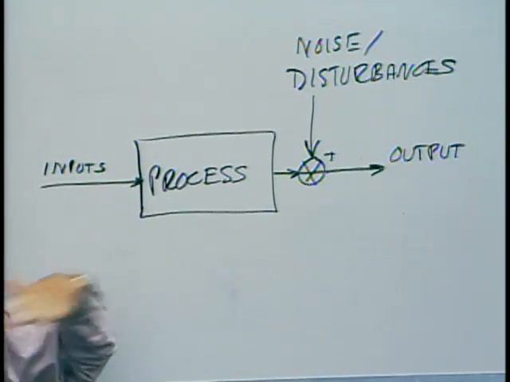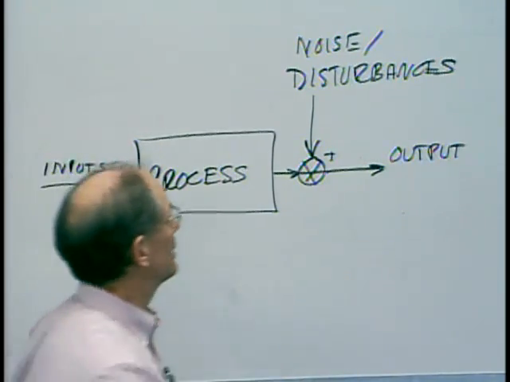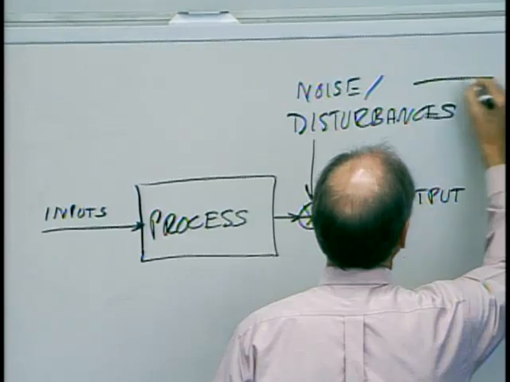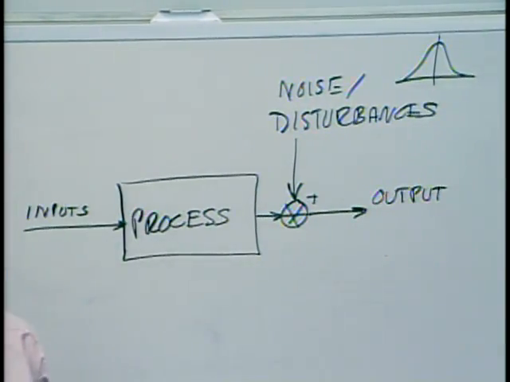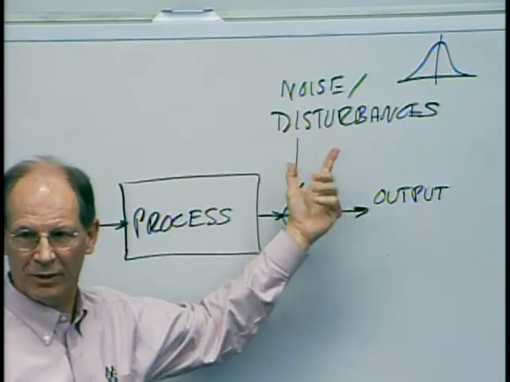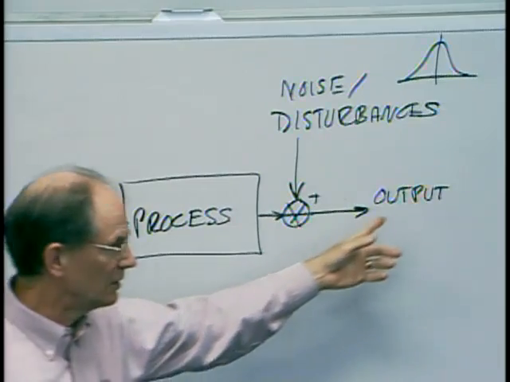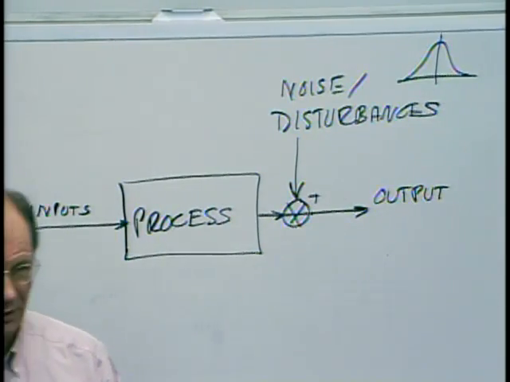I hold the input perfectly constant. The output stays perfectly constant, except that I have a noise up here that's described, let's say, by a normal distribution. So at any instant in time, this variable will be following a normal distribution. So the output will follow a normal distribution, okay?